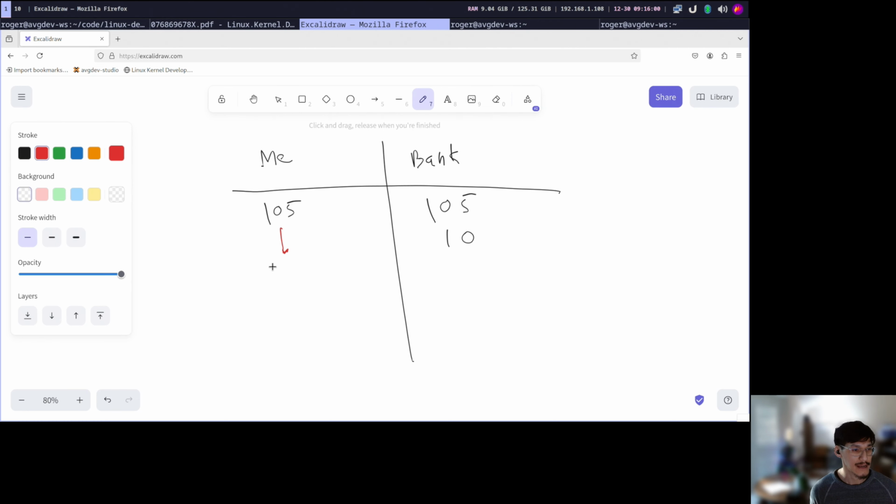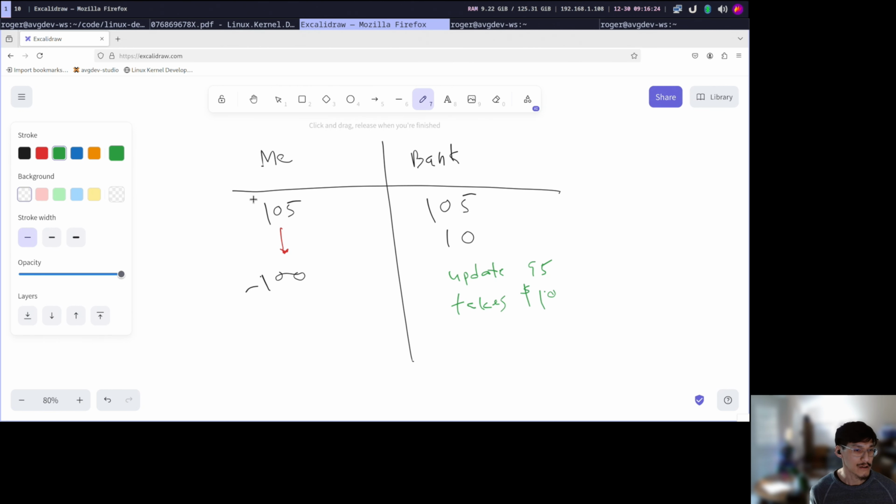Okay, I get preempted, and then still having that total, right, I take out 100. Okay, and then the bank at the same time, or somewhere down the line, updates to 95, and then takes the $10.